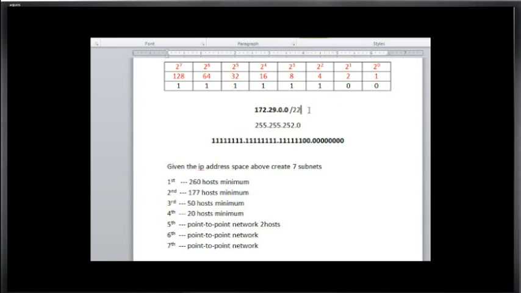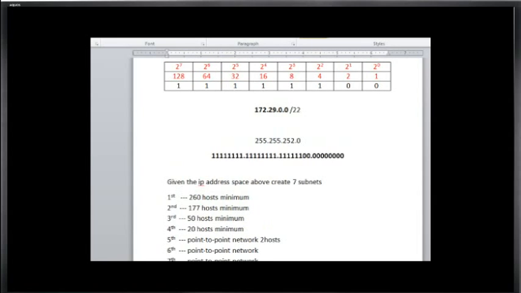And if the magic number is 4, that means the networks go up by 4. And if that's the case, then the next network would be 172.29.4.0/22, let's say. So that would be the next network. And if that's the next network, then that means that this network goes from 172.29.0.0 to here.